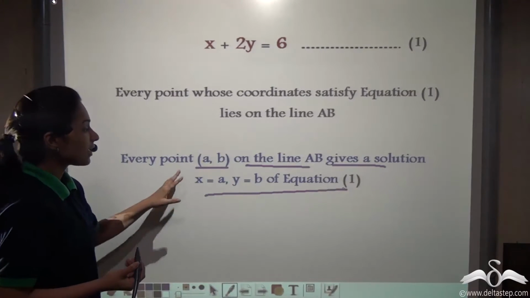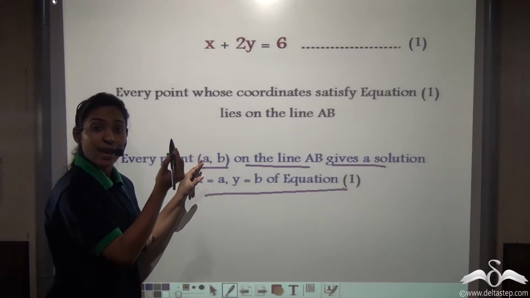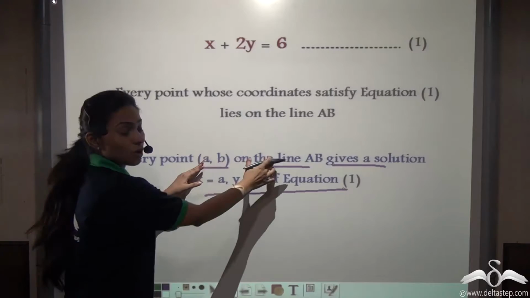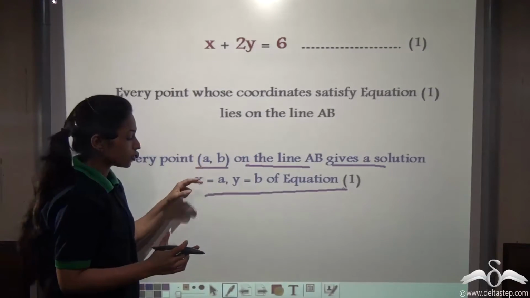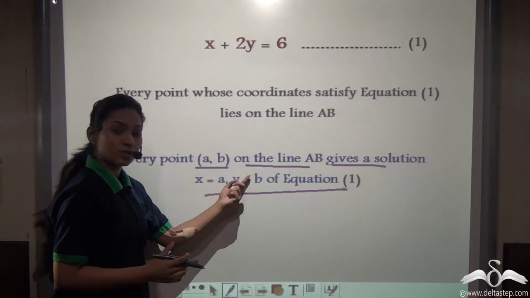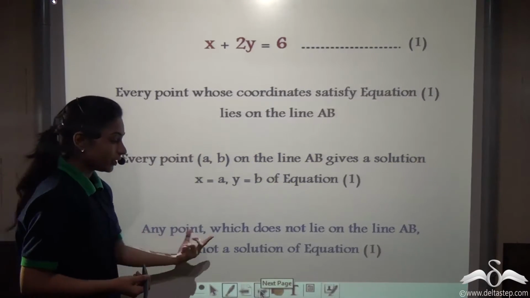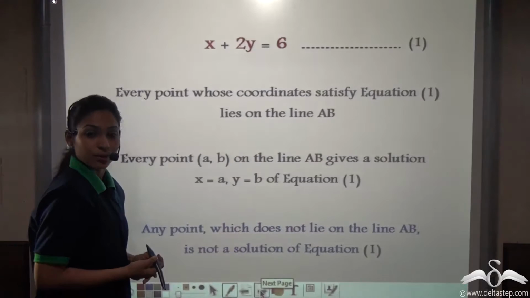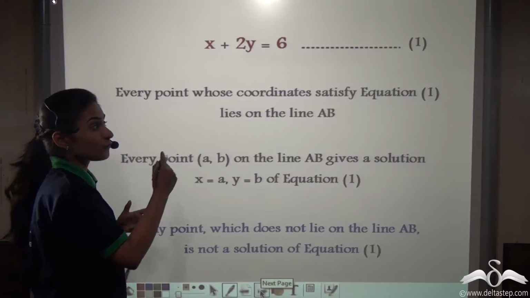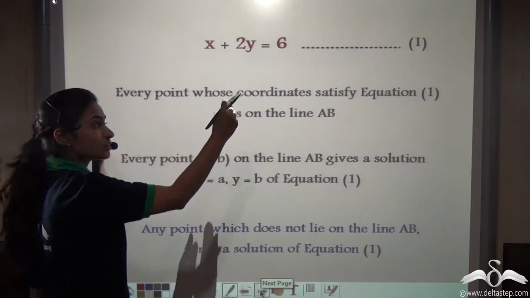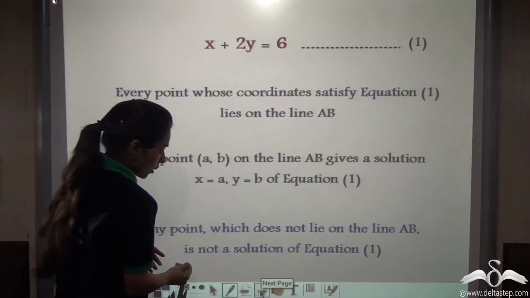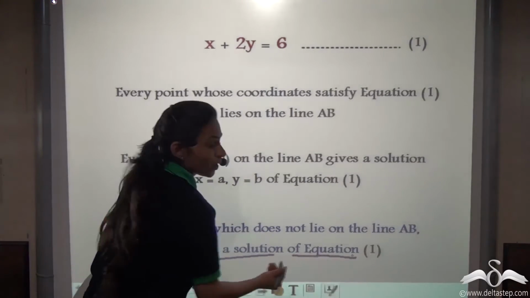Just now we saw the example (8, -1). That was on the line AB. It gave us a solution for x is 8 and y was -1. Now any point which does not lie on the line AB, for example (8, 5), which was somewhere on the graph paper but not on the line AB, is not a solution of equation 1.